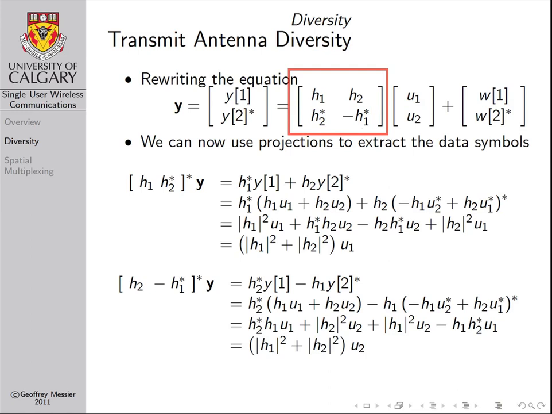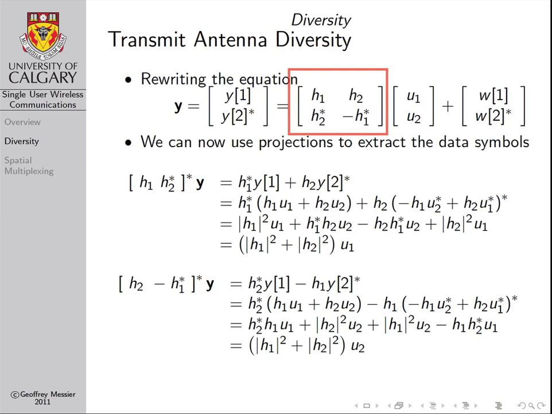So all we need to do is take the projection onto the first orthogonal column to extract the first symbol, and then the projection onto the second orthogonal column to extract the second symbol. It turns out that we get a maximal ratio combining weight in front of our symbols when we do this. And so we get maximal ratio combining from two transmit antennas with no penalty in data rate.